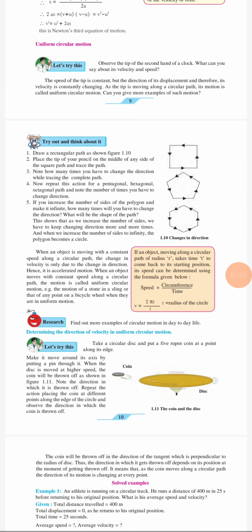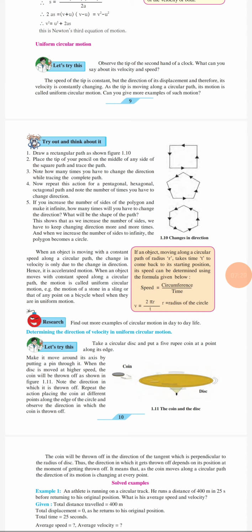Now you will observe the direction in which the coin gets thrown out. The coin has been thrown out from the disc, and the direction of its motion is always changing according to the motion of the disc.